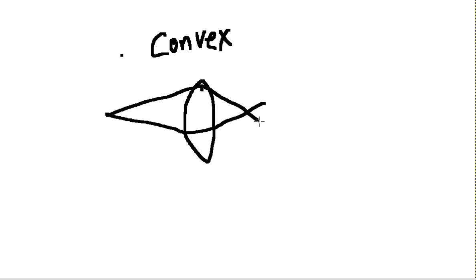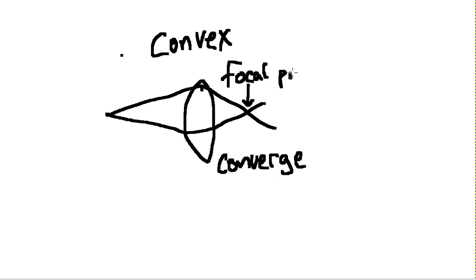And when they come together, this whole process of the light rays coming together is known as convergence. We'll just say these light rays converge. And where they come together, this point right here, this is known as the focal point.